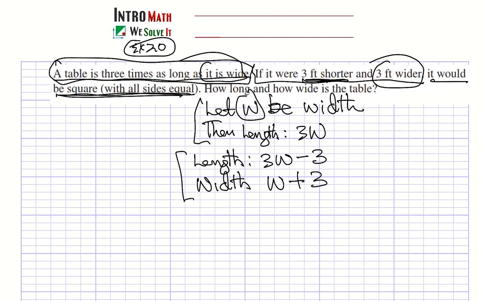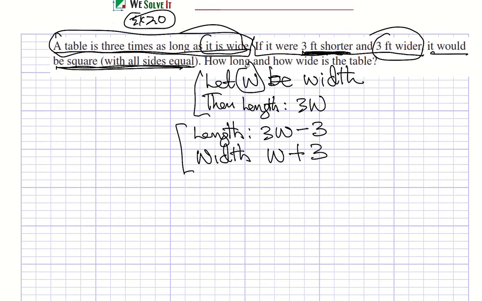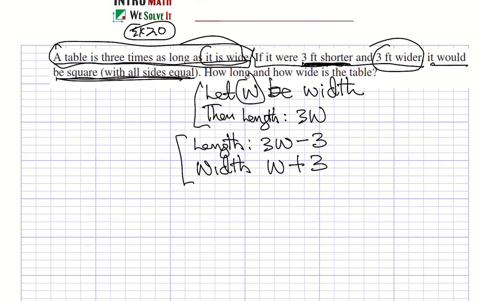They should have said if the length were 3 feet shorter and the width 3 feet wider. When they say shorter here, they didn't mention the length. Anyway, that's what they want. I don't want to engage in semantic analysis. Just cut up the words and get the equations, and then you're good to go.